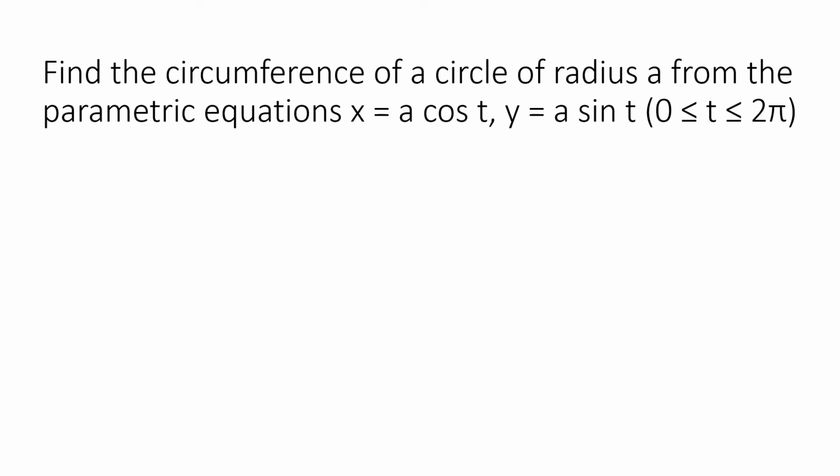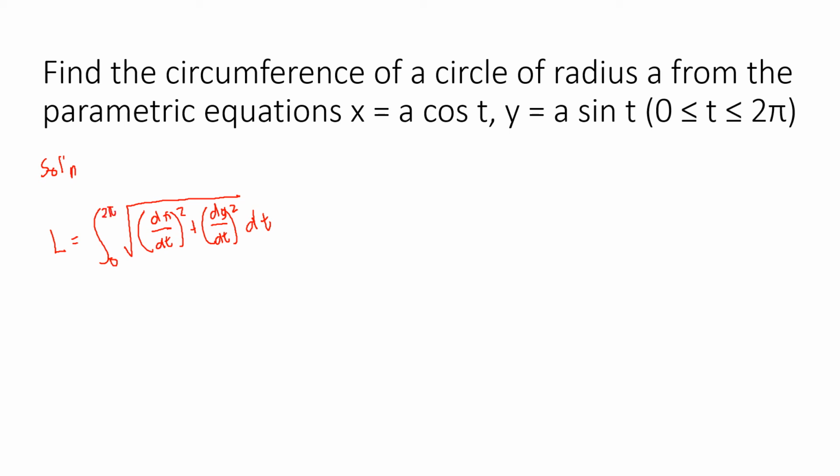For our solution, the formula is L equals the integral of the square root of the squared quantity of dx over dt plus the squared quantity of dy over dt, dt, from 0 to 2 pi.